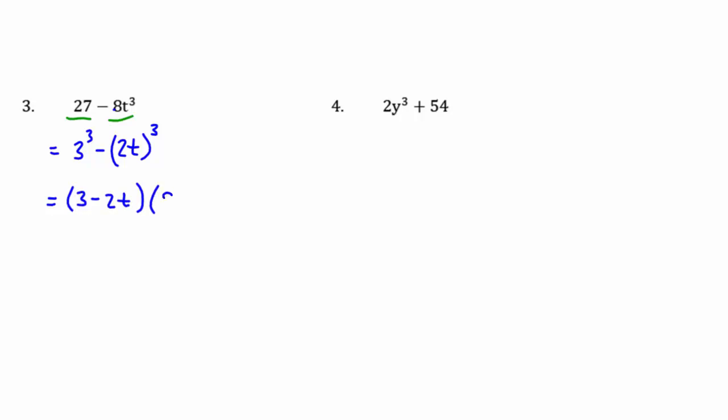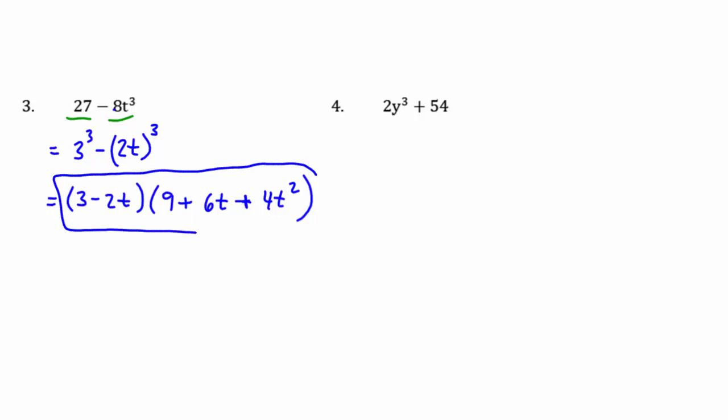Then I'll square the first term, multiply the 2, 3 times 2t is 6t, and square the last term. 2t times 2t, 2 times 2 is 4, and t times t is t squared. Same, negative, opposite, positive, always positive, plus. And that is our answer for this problem.